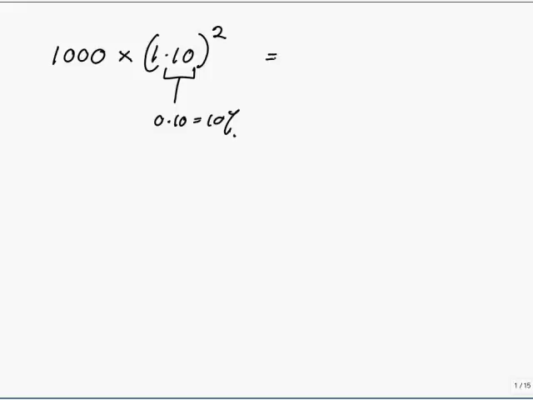And therefore, the amount at the end of 2 years, I think, has grown to 1,210. Alright? Now is everybody clear, please?